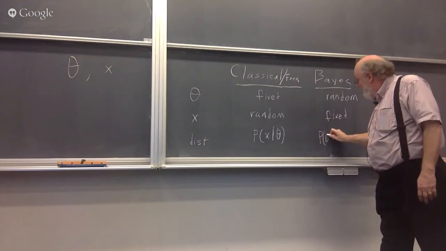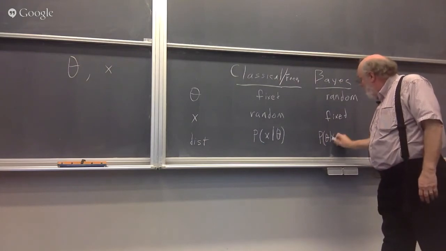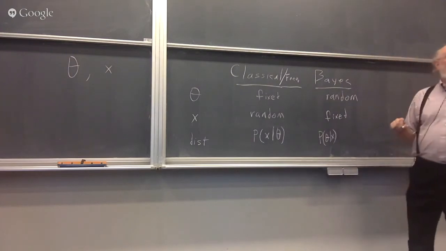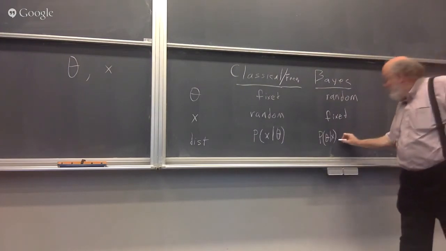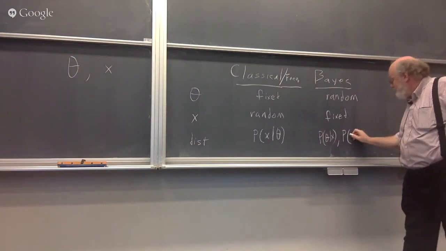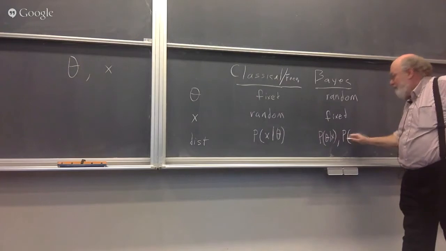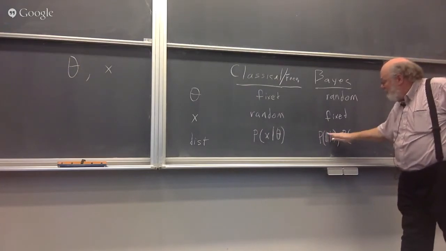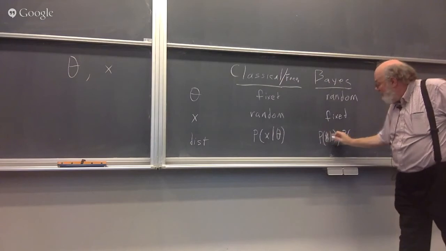Bayesians use that distribution too, and it's called the likelihood or the evidence. Oops, I wrote that backwards, something I will do frequently.